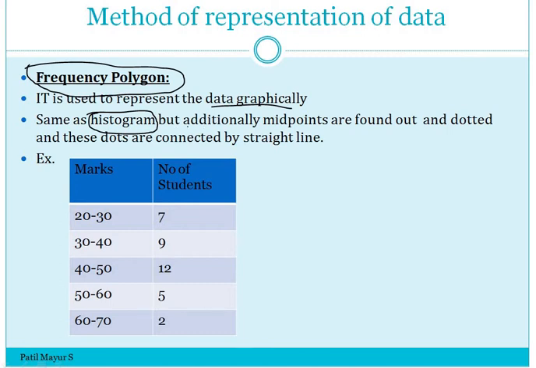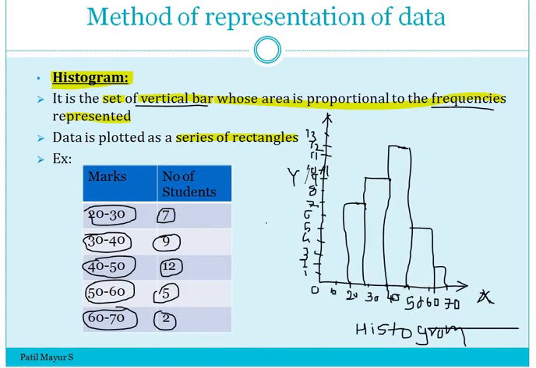But what we have to do, as we have drawn the histogram earlier, we have to additionally find the midpoint of the class interval, and we have to put a dot there, and these dots can be connected by a straight line. Okay, so we'll see the previous slide, the same example is given there, therefore we will mark again.